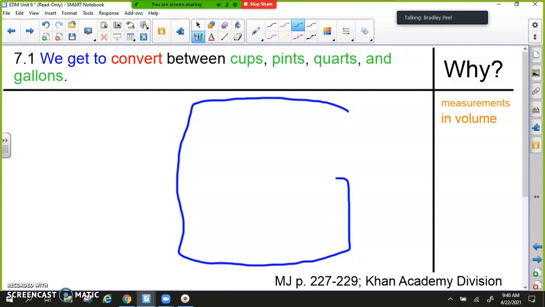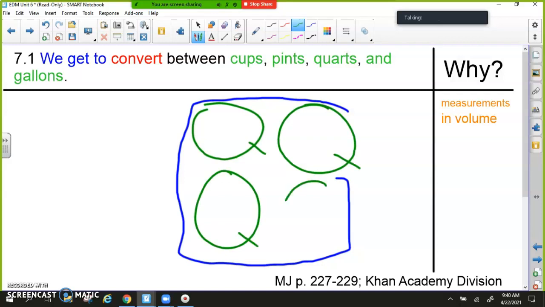By the way, what does quarts sound like to you? Yes, quarter, which means what? Fourth or four, right? There just happens to be 4 quarts in a gallon, okay?